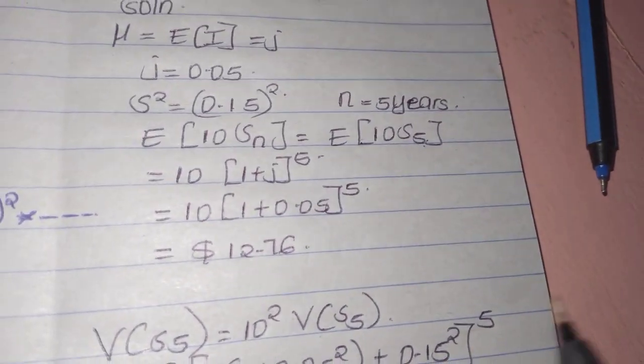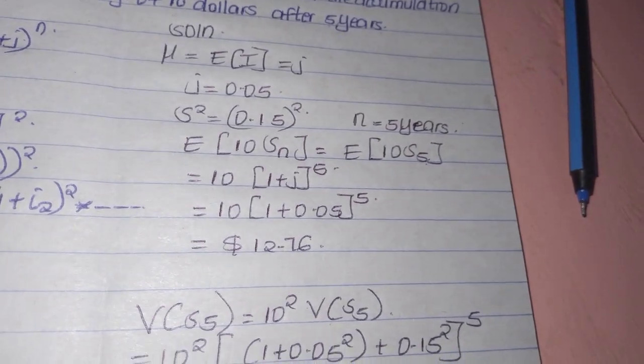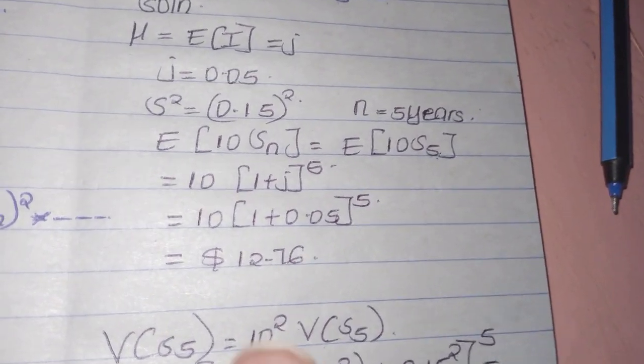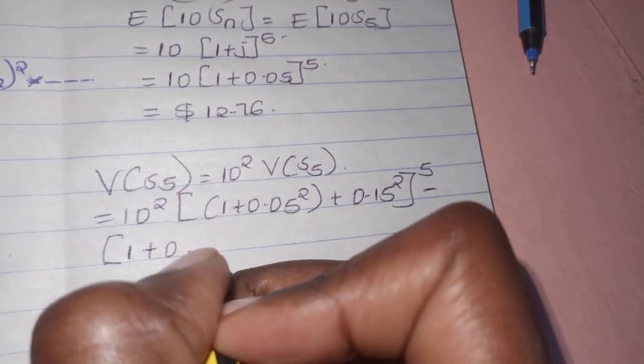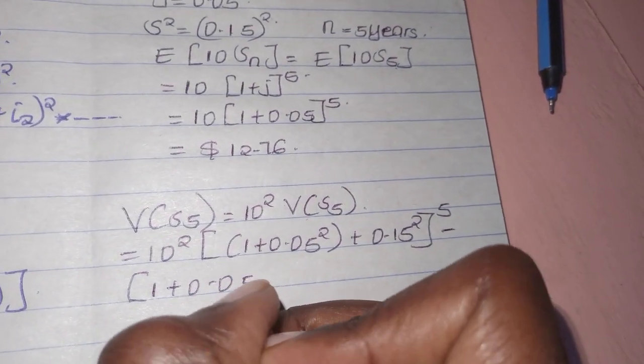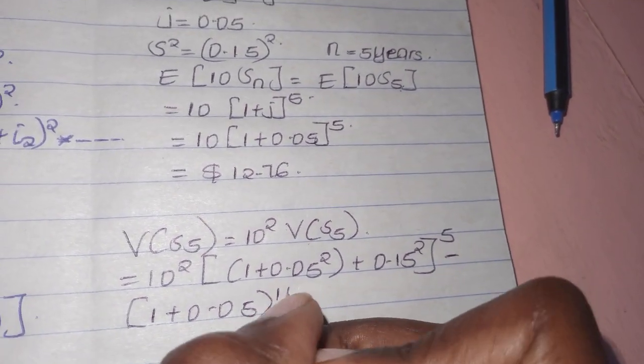Here it's like we are using the formula that we had. Let me first finish. Then 1 plus 0.05 to the power 10.